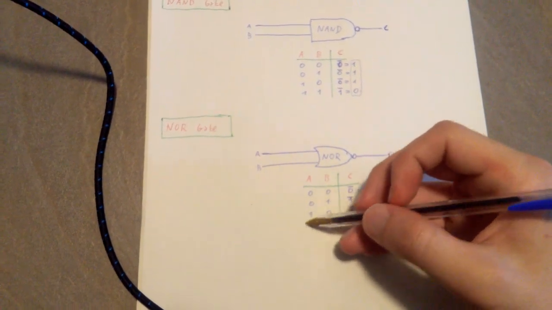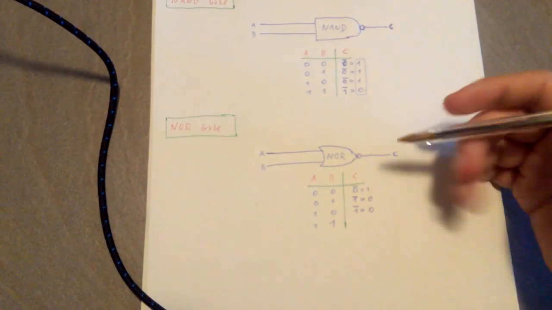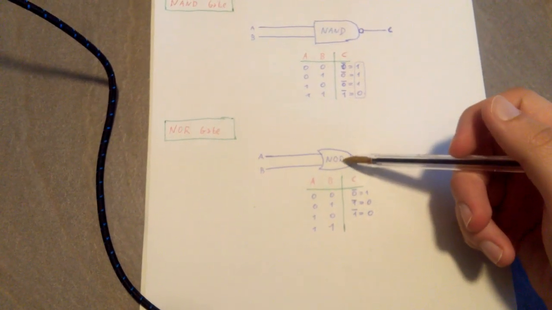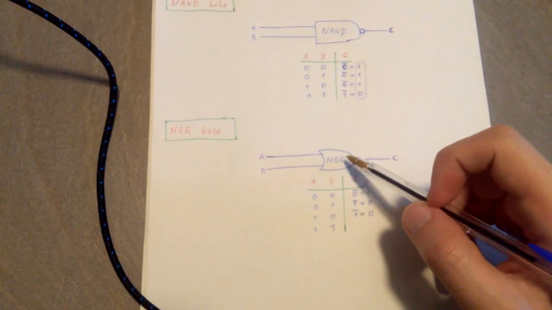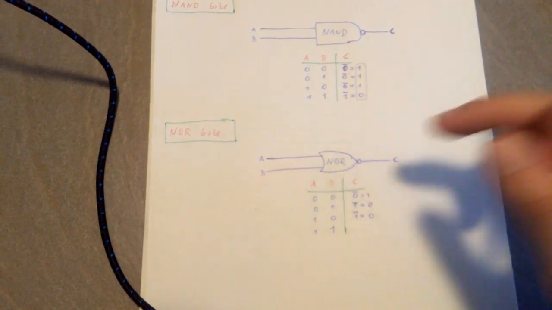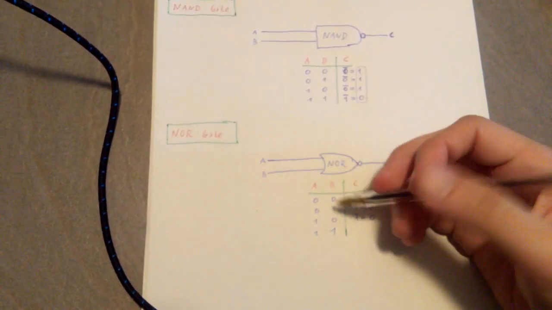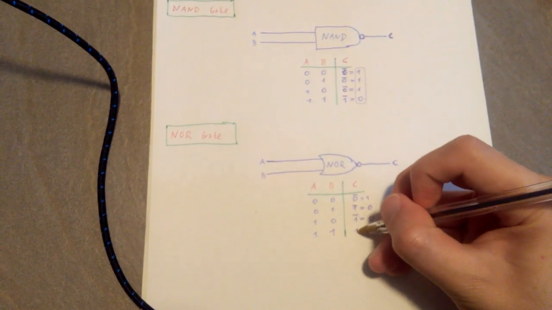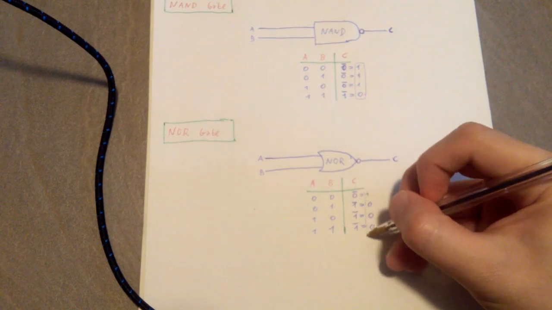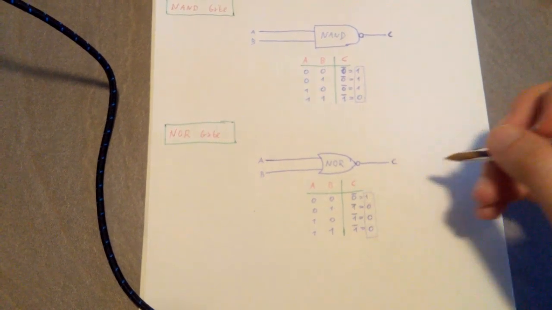And lastly, 1 and 1, both of them are 1, we are fine, that's expected behavior because we have a NOR gate, like an OR gate, but negative, so the inverse. So 1 and 1 gives us 1, inverse, which is 0.